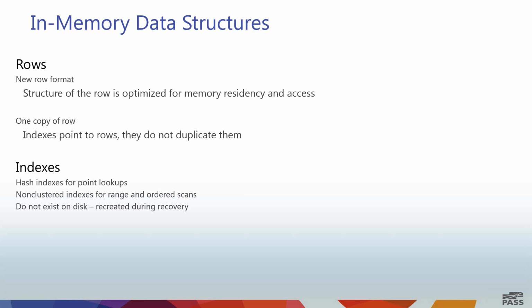In fact, it does not support range scans or ordered scans, which you may be familiar with from traditional B-trees. So when you use hash indexes, you need to be deliberate and be sure that you really want to optimize point lookups and don't need range or ordered scans. For range and ordered scans, we have the non-clustered index. So you can scan a range or scan the rows in order.